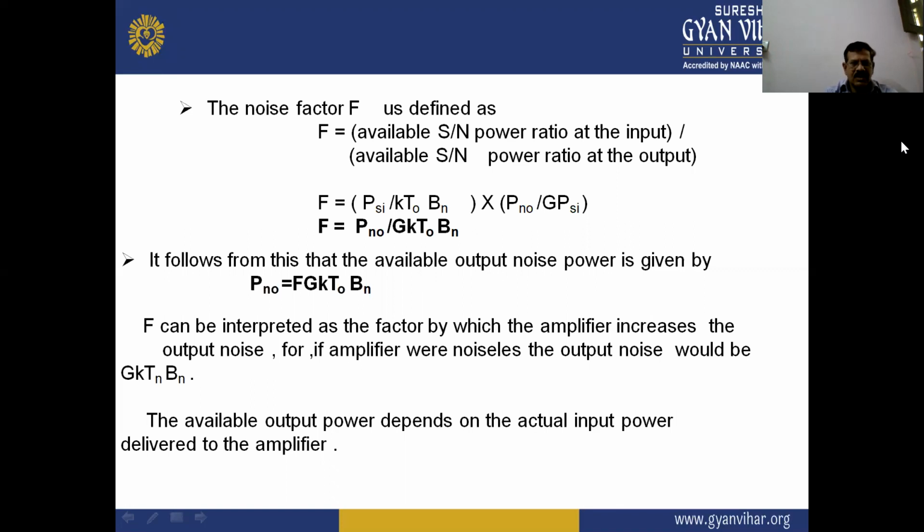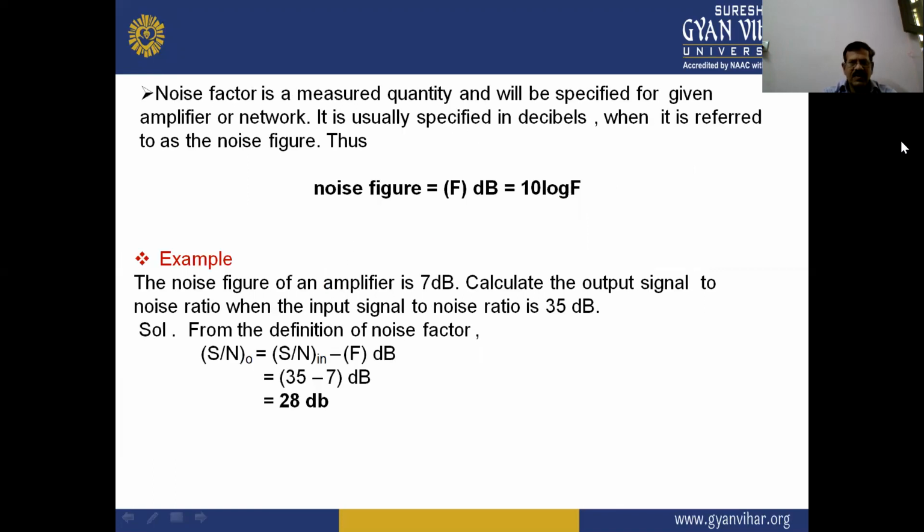So the available output power depends on the actual input power delivered to the amplifier. In noise figure, if we want to measure the noise figure in decibels, the formula will be 10 log of the noise factor.